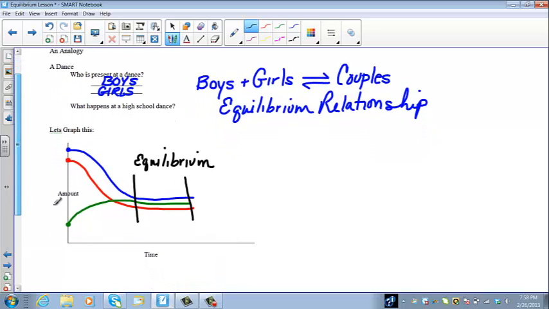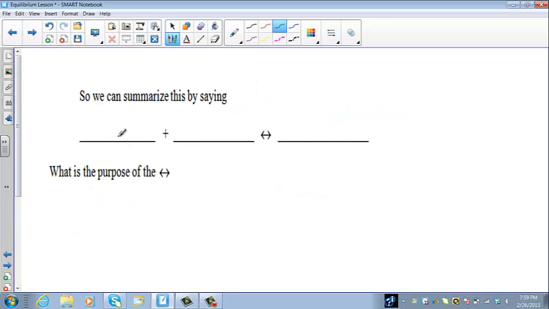So what happens is, as time goes on, you have B plus G yielding C. So basically, we have B plus G yields C. And the purpose of this double arrow is that the reaction is reversible.